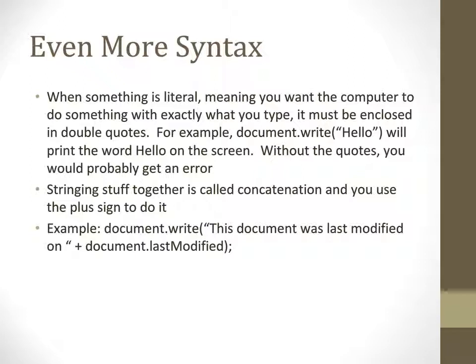Now let's talk just for one second about one other thing, and how to deal with numbers. If you document.write, or if you later on are setting properties equal to something, should you put quotes around a number or should you not put quotes around the number? It really just depends on what the number is going to do.